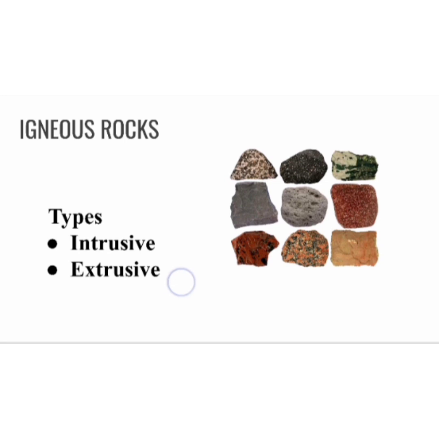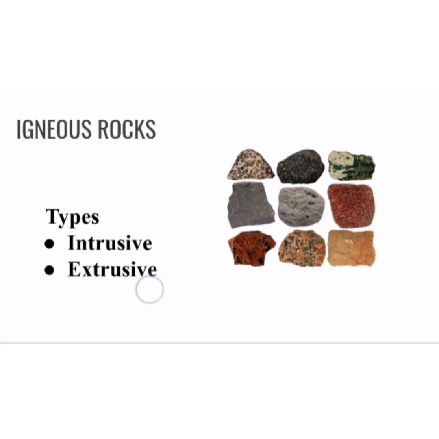Can you imagine lava comes out from the volcanoes? Yes, lava is actually fiery red molten magma that comes out from the inside of the earth onto its surface.